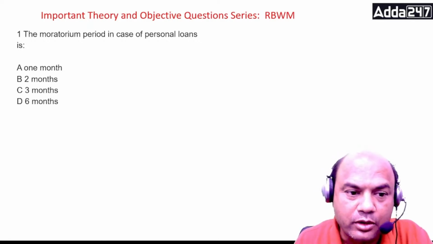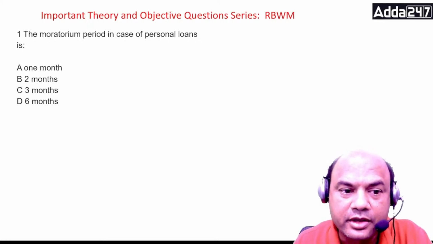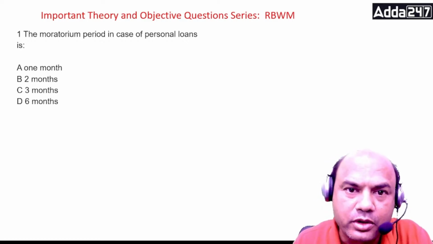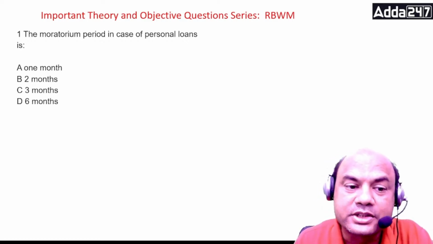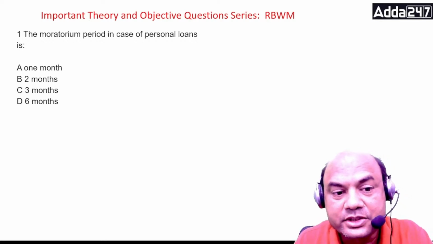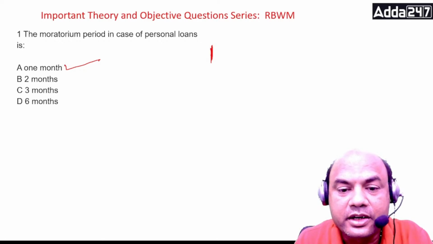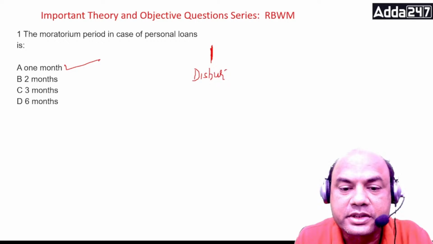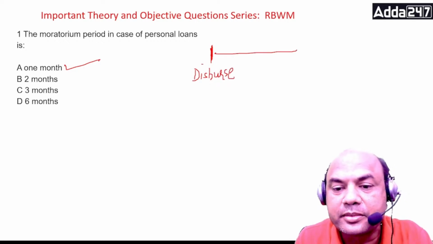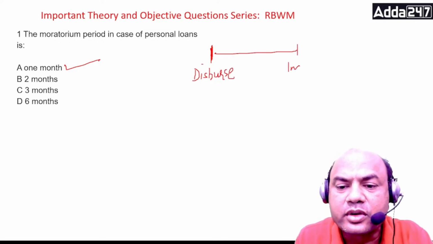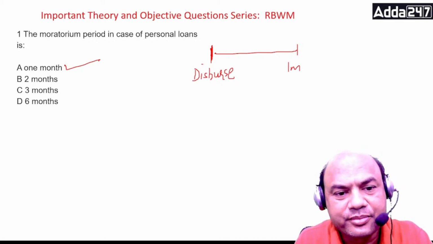If there were an option of no moratorium, you should have ticked that. But there is no option. So which is the least one? The least one is 1 month. The day I disburse this loan, the next month's EMI starts, so consider 1 month.